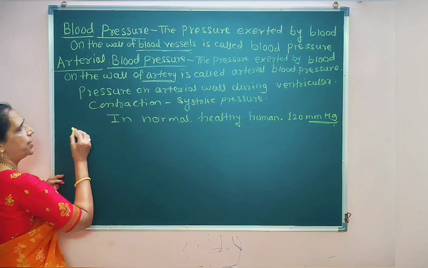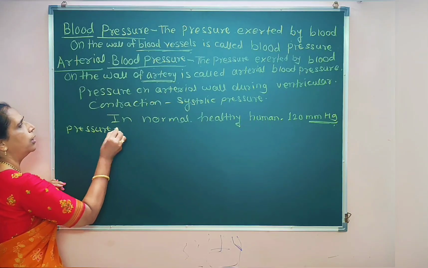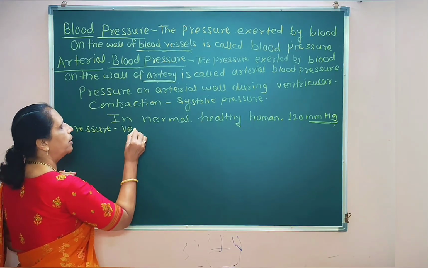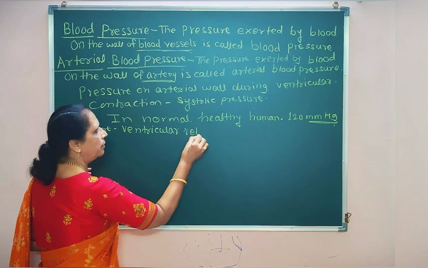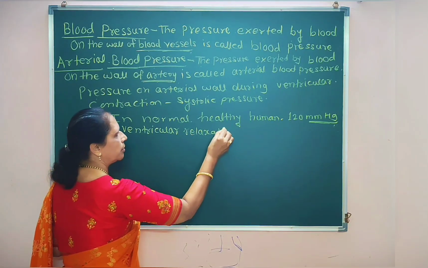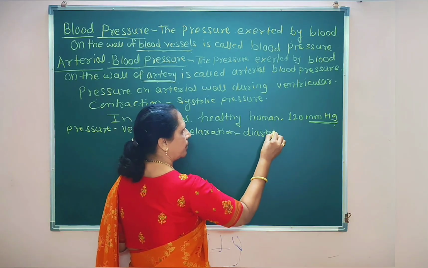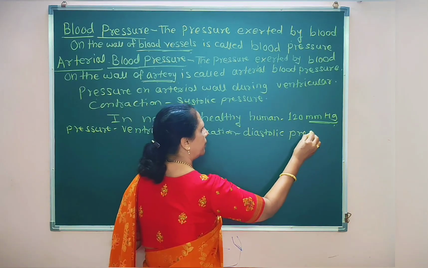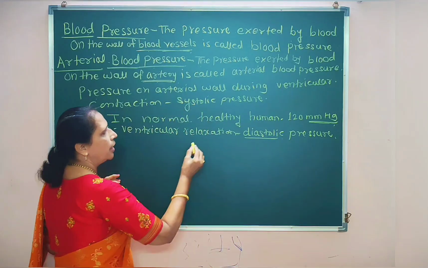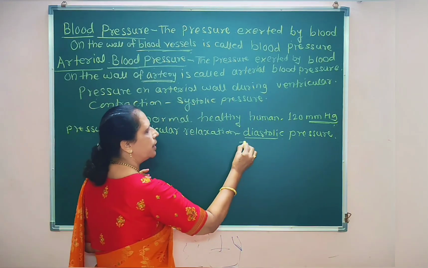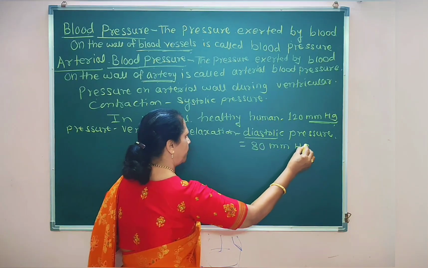And the pressure on the arterial wall during ventricular relaxation is called diastolic pressure. The diastolic pressure in a normal healthy human is recorded as 80 mm of Hg.